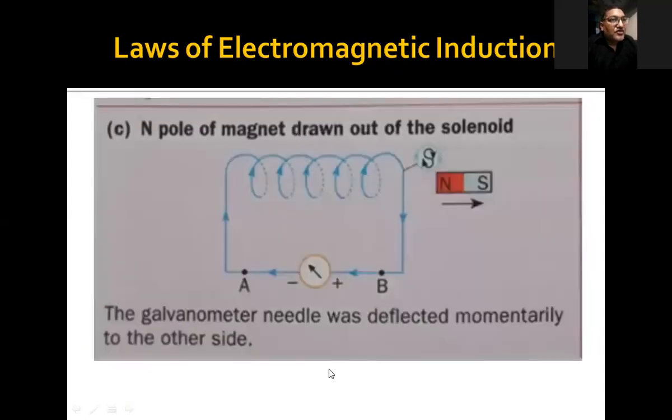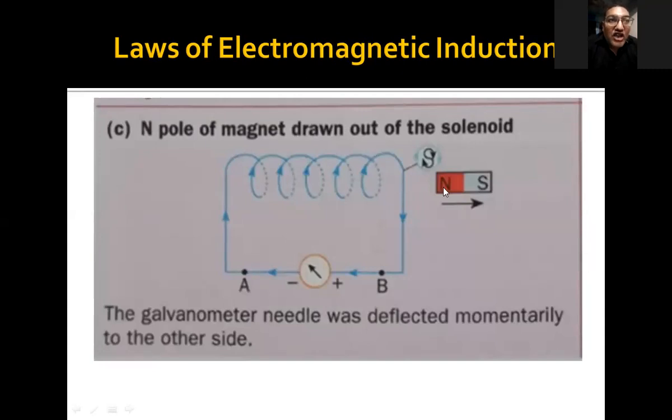Okay, so here you see we have a bar magnet, and its north pole is facing the right side of the solenoid, and now this bar magnet is withdrawing. It's moving away from the right side of the solenoid.